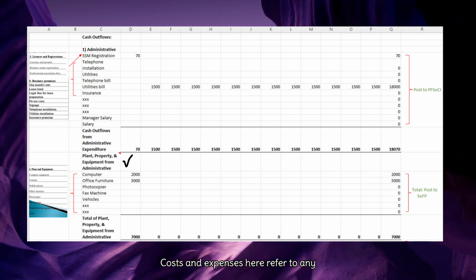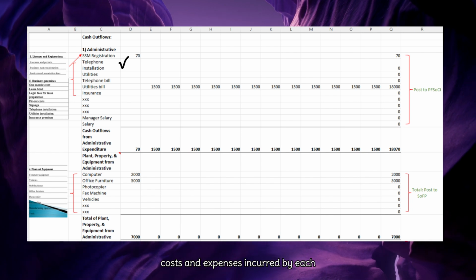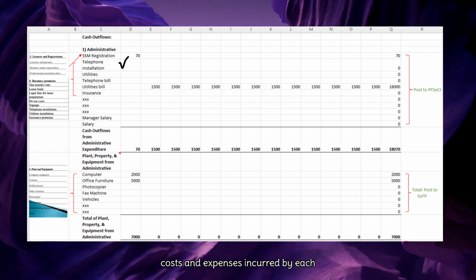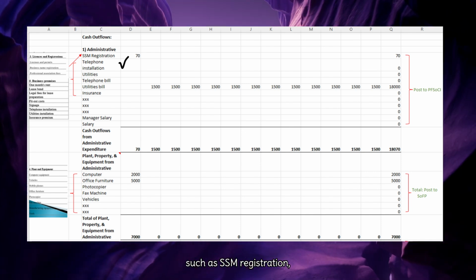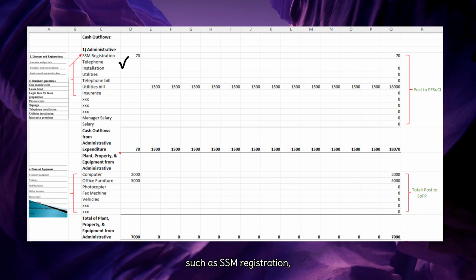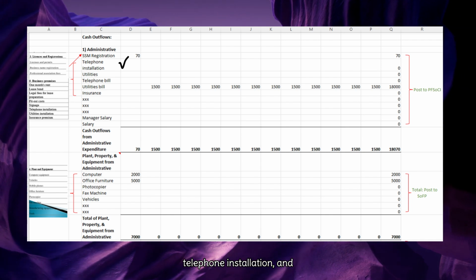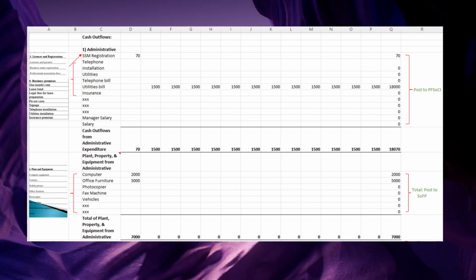Costs and expenses here refer to any costs and expenses incurred by each department during the period, such as SSM registration, telephone installation, and utilities.